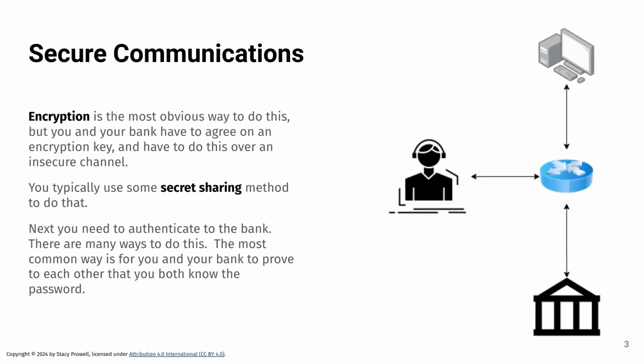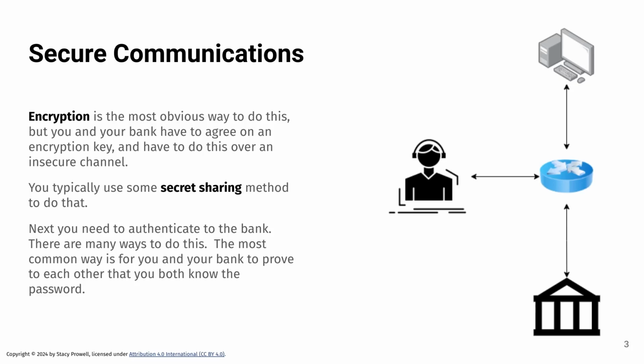So encryption is the way to do this, as I said a moment ago. Encryption is the most obvious way to allow this. But for this to work, you and your bank have to agree on an encryption key. Encryption, for practical purposes, is most often symmetric. That is, you use the same key to encrypt and to decrypt.